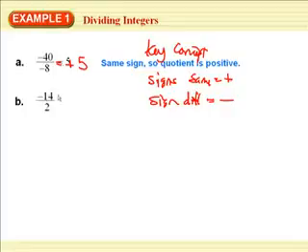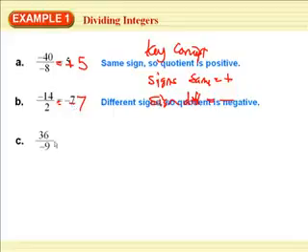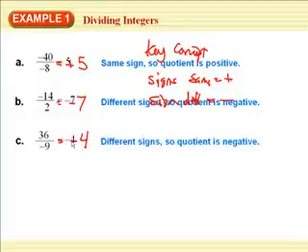This one, 14 divided by 2 is 7. 1 negative, 1 positive, so negative. 36 divided by 9 is 4. 1's positive, 1's negative, so the answer is negative. So the good guys, bad guys story just all falls along. 0 divided by anything is 0, and 0 is never negative.